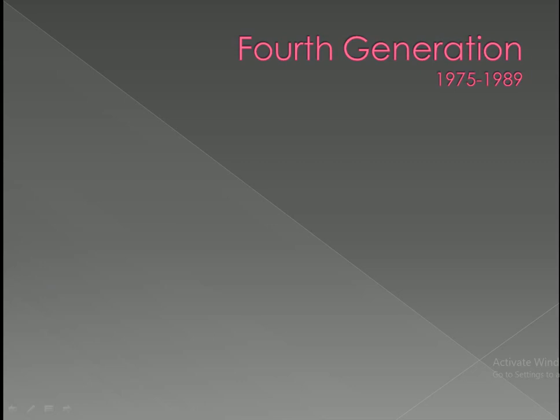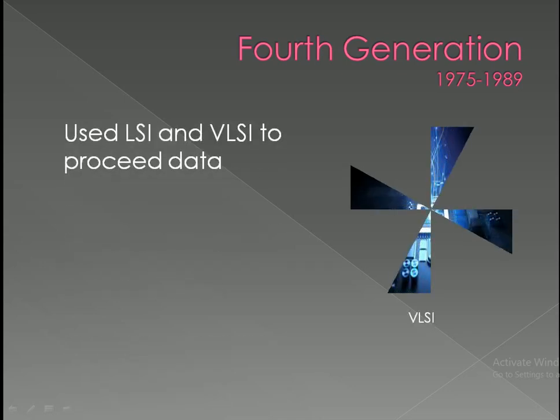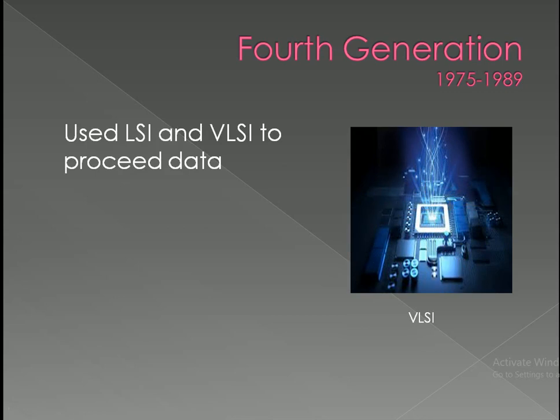To reduce these drawbacks, the fourth generation of computer was introduced in 1975 and goes to 1989. The fourth generation of computer used LSI, it means large scale integration circuits, and VLSI, it means very large scale integration circuits.